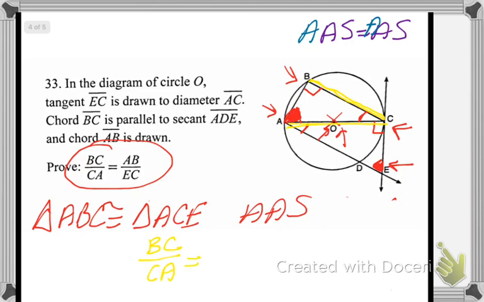will be equal to, now we have to find the side that corresponds to BC. So BC was the side between the right angle and this open angle. So if you look at the bottom triangle, the side that's between the right angle and the open angle would be this. So BC of the top triangle corresponds to AC of the bottom triangle.